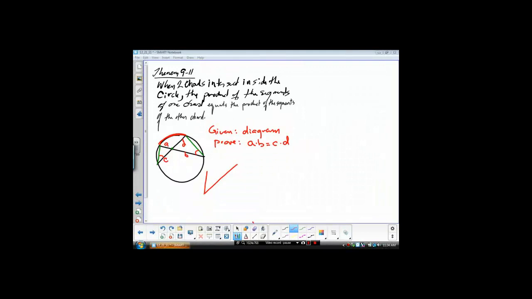Now, we also have the vertical angles that we know are congruent. All we need in two triangles to prove that they are similar is two pairs of congruent angles. So, by Theorem 9-7, Corollary 1, two inscribed angles that intercept the same arc are congruent.